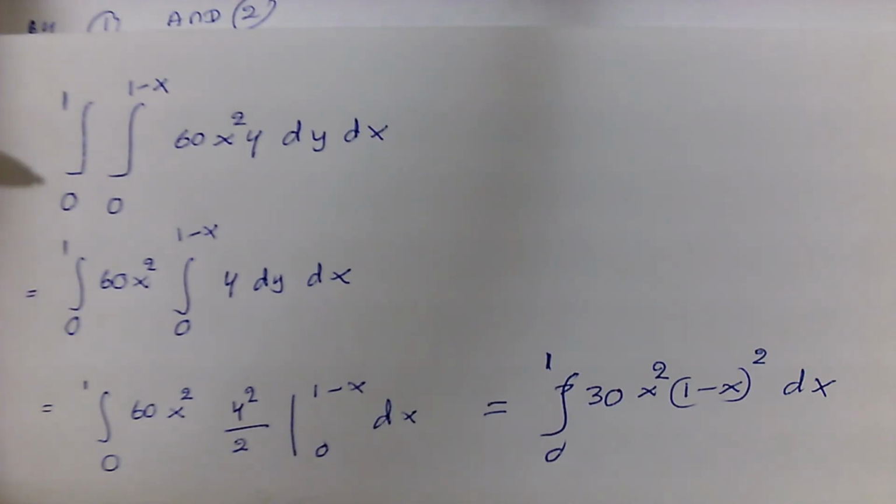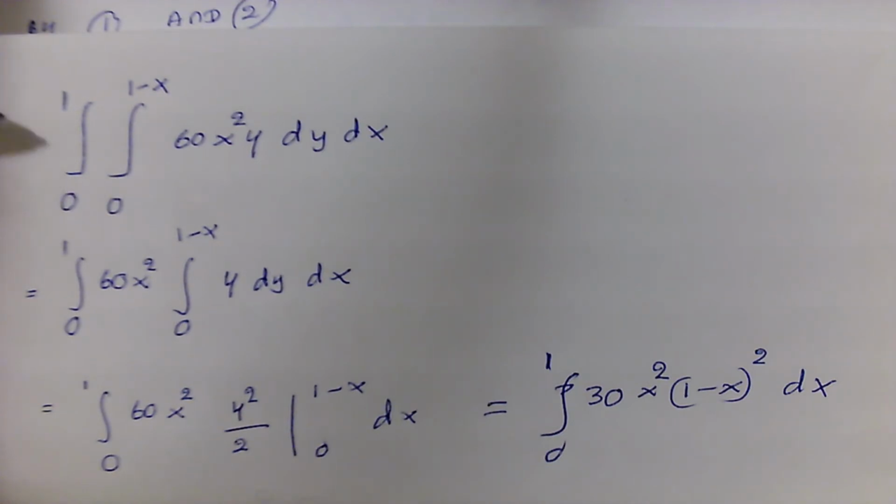So in our situation, our outer integral should be with respect to x, because x is from 0 to 1, and since y is between 0 and 1 minus x, that should be our inner integral.